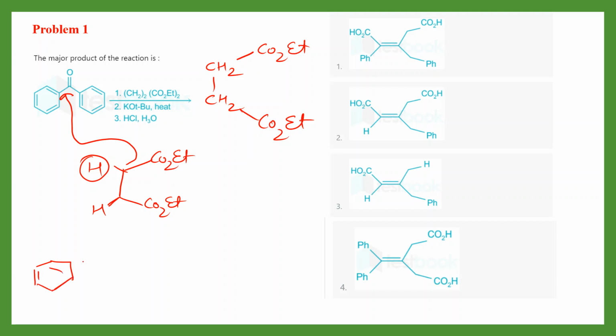Here we get PhO negative, and from here this carbanion will form, and CO2Et. Till here, any problem?